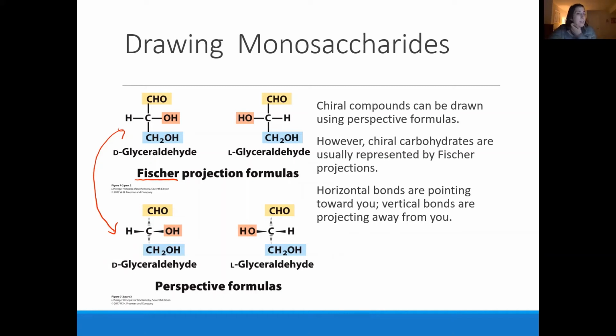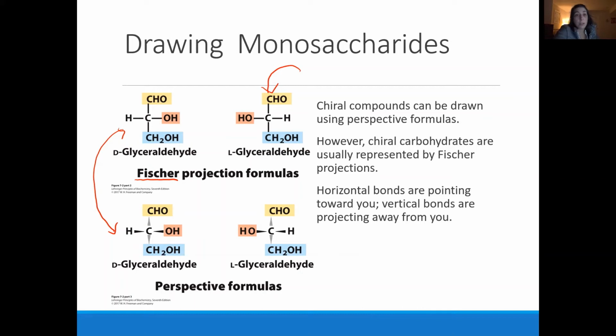Now, to give you an idea to remember generally how to figure out if something is D or L, R or S using a Fischer projection, this is the tip. In particular for sugars, if you always draw the carbon that is your carbonyl carbon at the top.